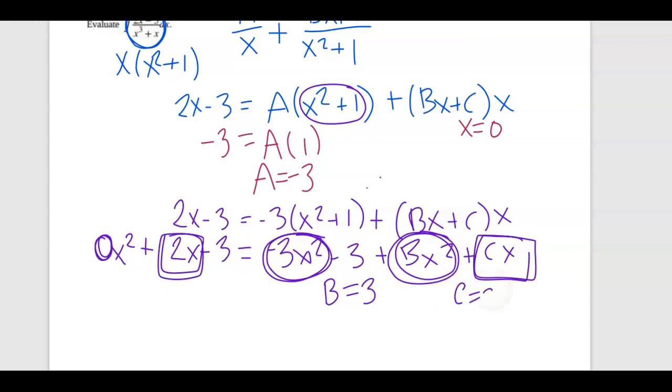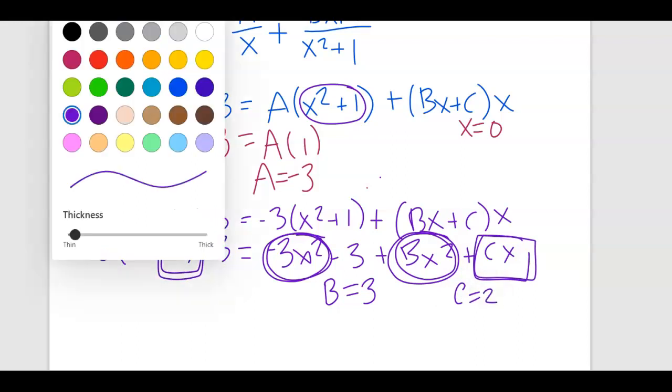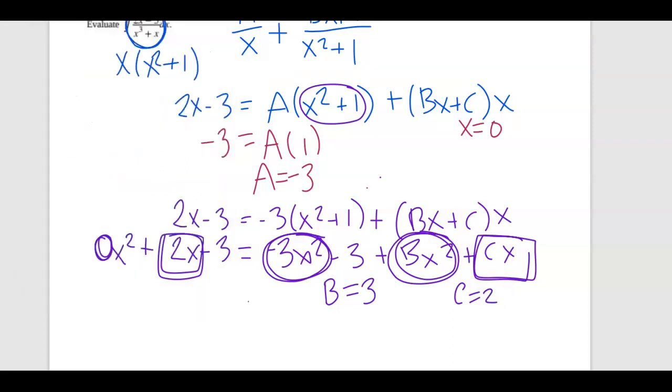So C must be 2. All right, so let's go ahead and integrate that now. I'm going to have the integral of negative 3 over x plus 3x plus 2 over x squared plus 1.